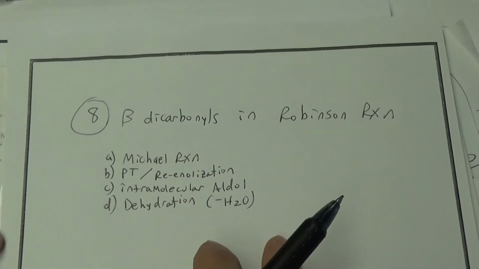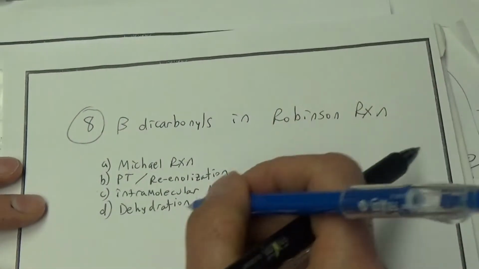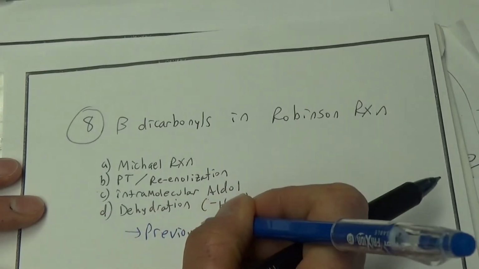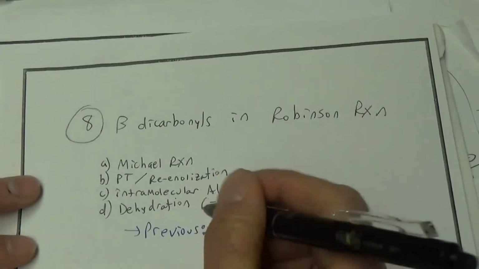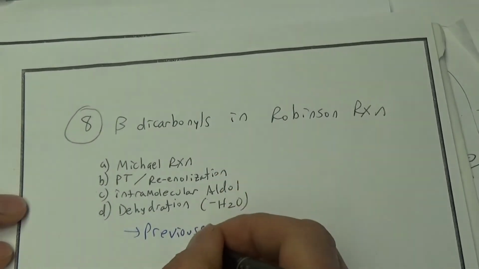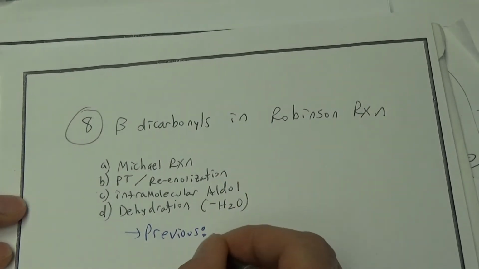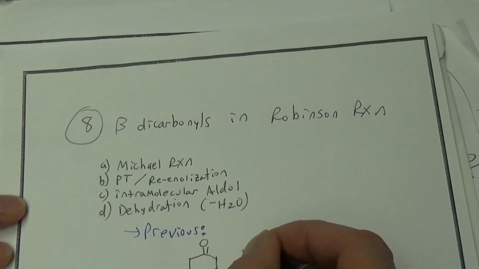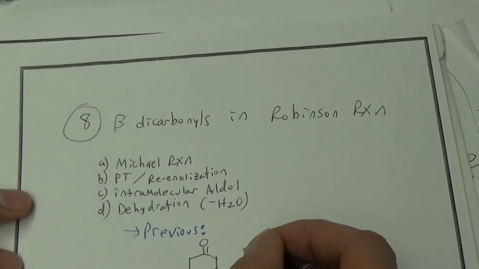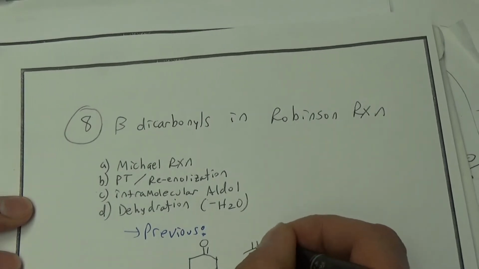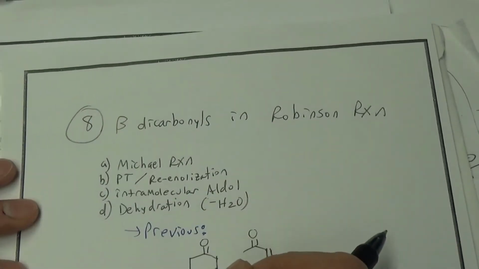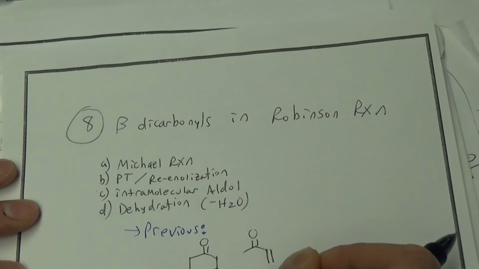We can go kind of backwards. Let's just show the sort of previous example and then the new example. So previous example that we learned before. We also did a quiz on this, so you can go review the quiz. Okay, so this is the Michael donor, this is the Michael acceptor.